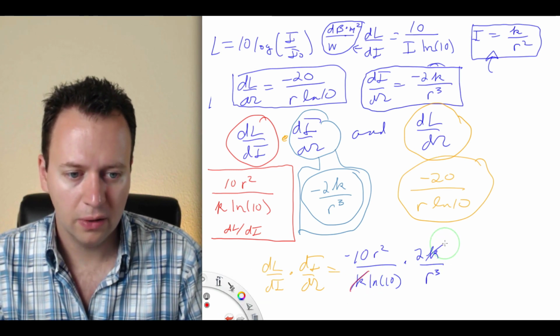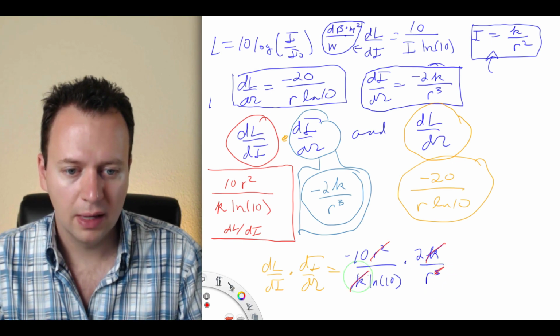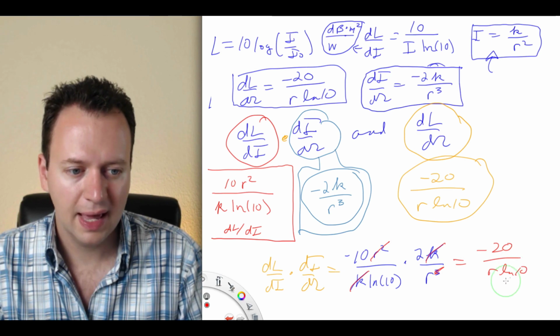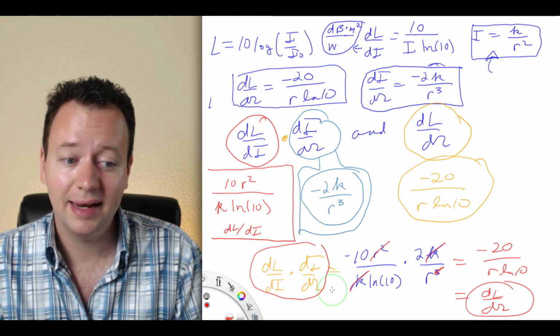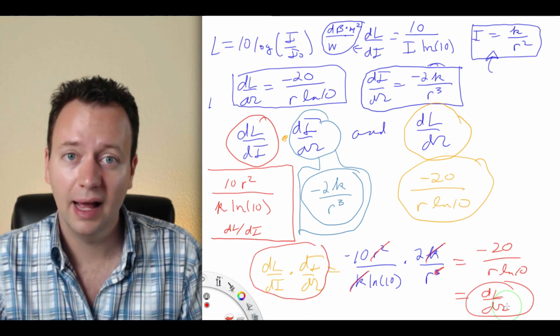So the k here cancels with the k there. The R squared cancels two of those, and so it's just equal to minus 20 over R ln of 10, and that's equal to the dL/dR. So we see that the dL/dI times the dI/dR is equal to the dL/dR.